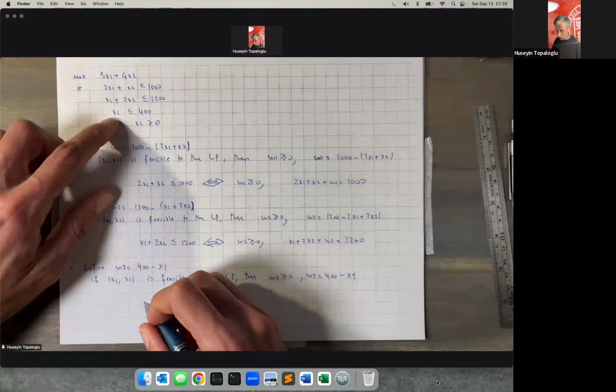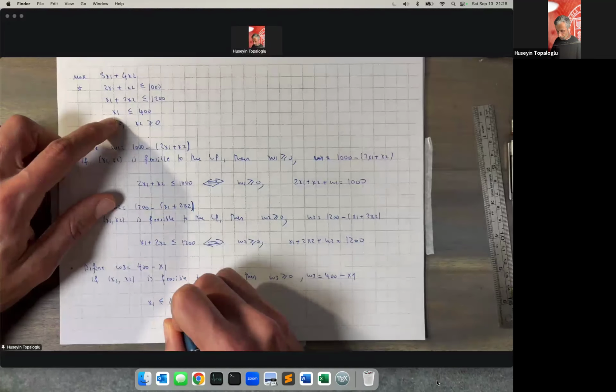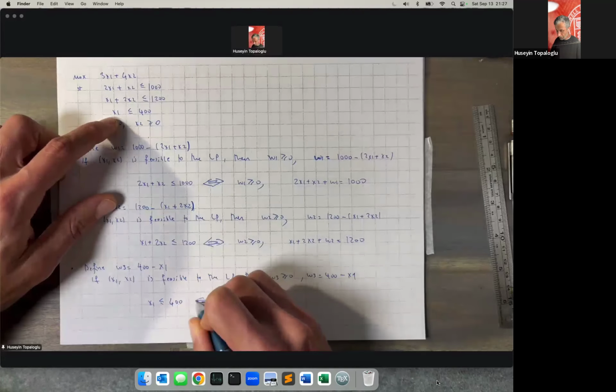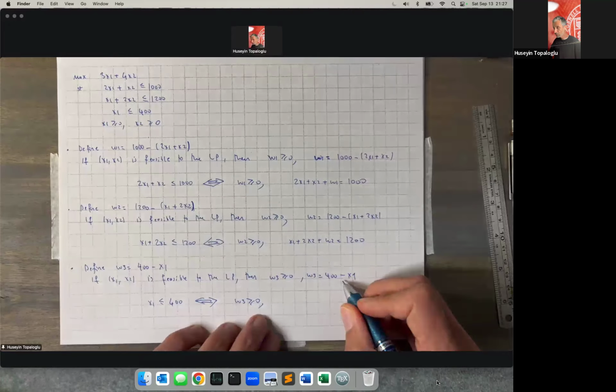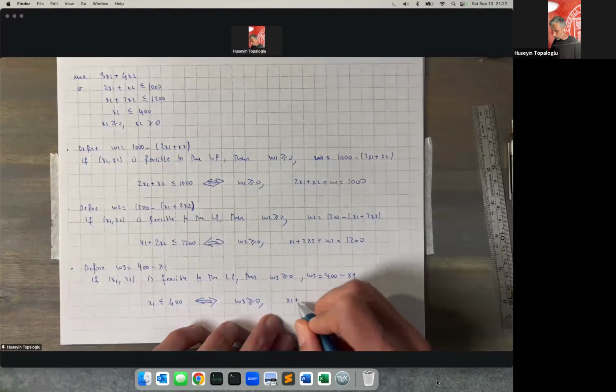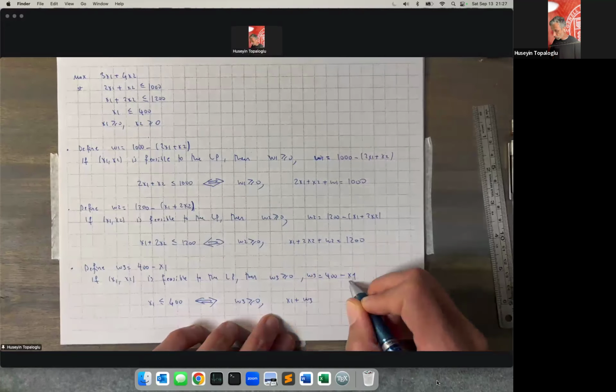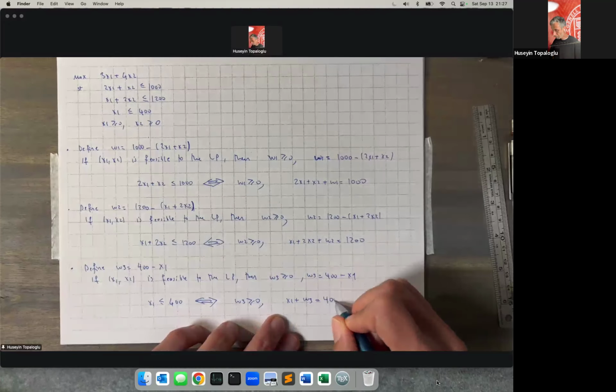So that means that we can replace the third inequality constraint equivalently as W3 is non-negative and W3 is defined this way. And let's write this definition by throwing this term to the left-hand side.